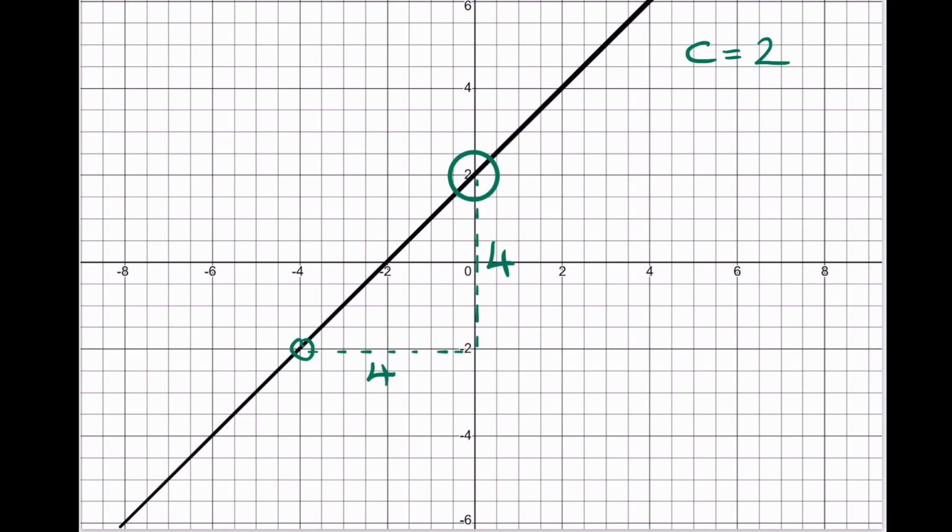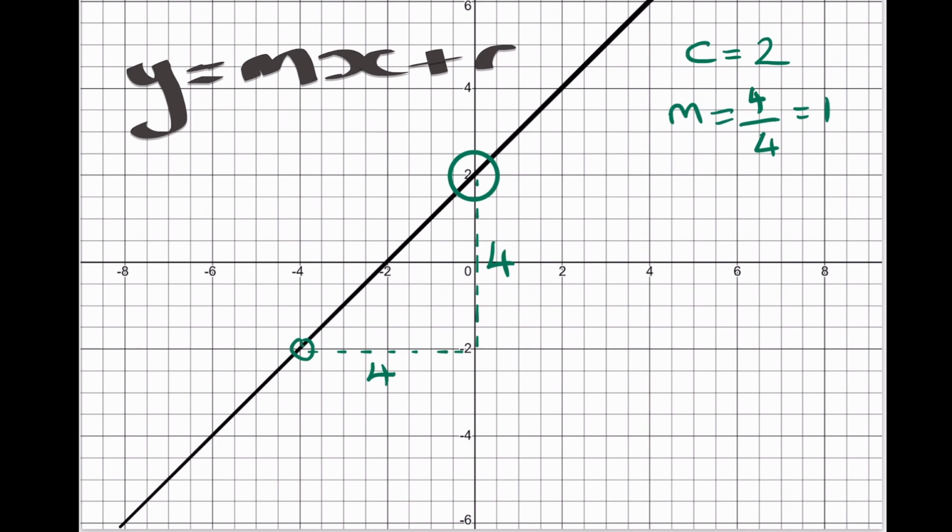So my gradient, which is how steep the slope is, I'm going to give the letter m. It's the vertical height divided by the horizontal width. So 4 divided by 4 is 1. Now I'm going to use an equation that is worthwhile you taking note of: y is equal to mx plus c.